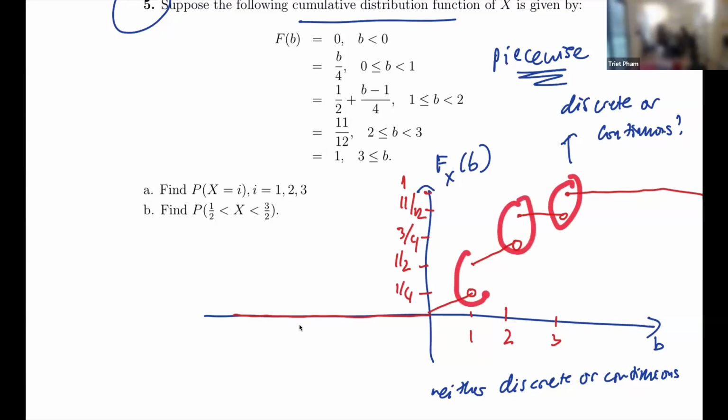It will take point masses right where it jumps. So exactly where they ask this question. These are where the point masses are.